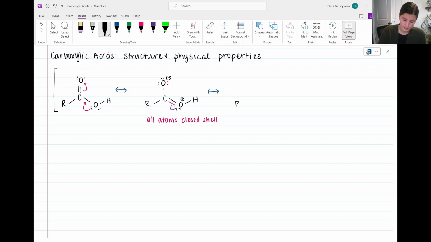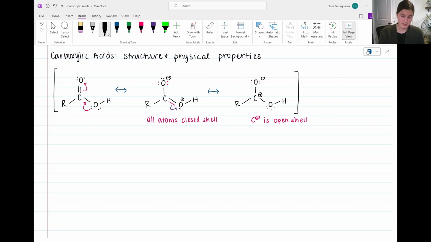And so if both oxygens own all electrons that could be in pi bonds, then we have our open shell carbon in that case. So here we have our carbocation, which is open shell. So here are three resonance structures that describe this electron delocalization in carboxylic acids. Electrons from both oxygens are delocalized.